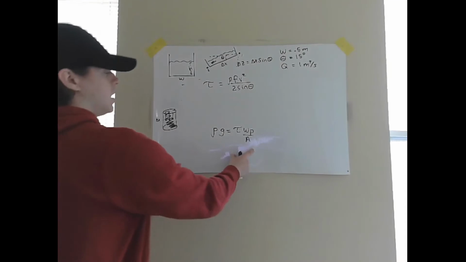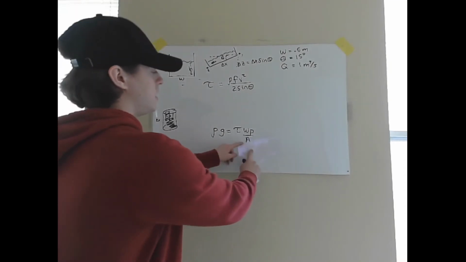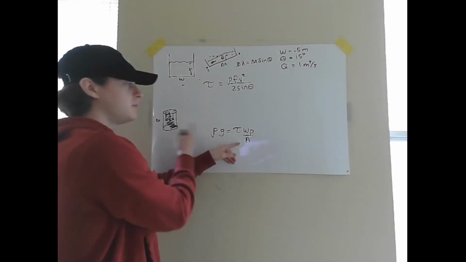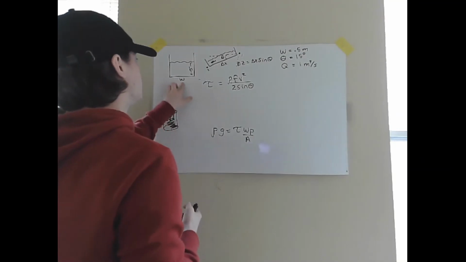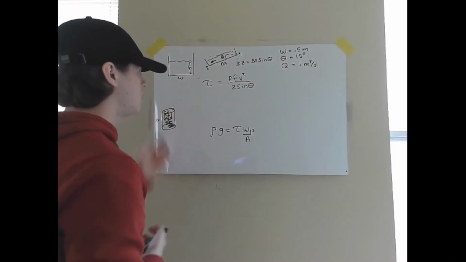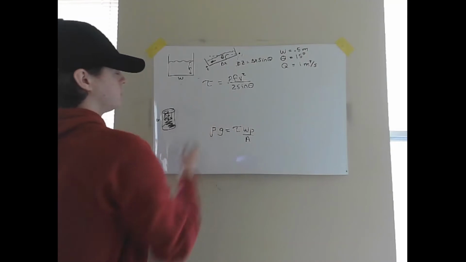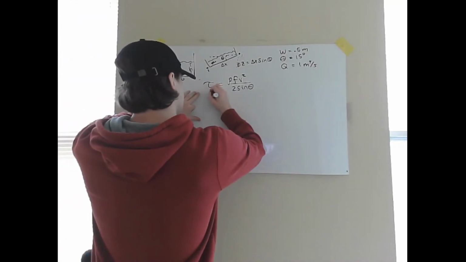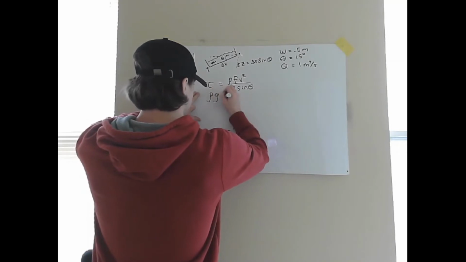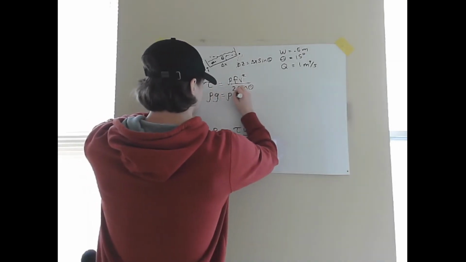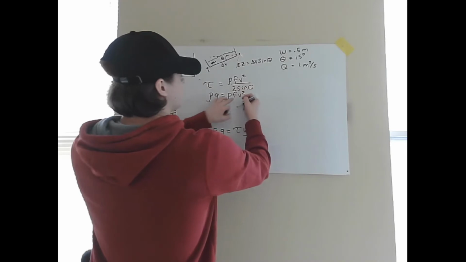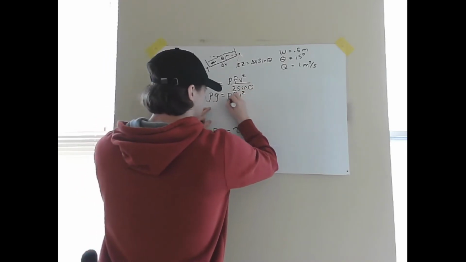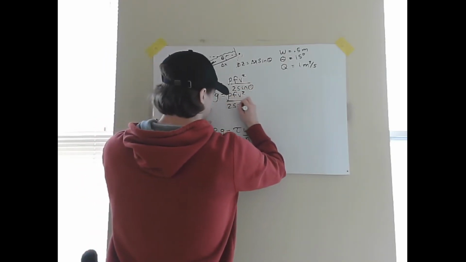And instead of applying the geometry of the cylindrical pipe, I'm going to apply the geometry of the channel. So now that we know tau, we can plug that into our equation as well. So we get rho times g equals rho times f, the Fanning friction factor, times velocity squared over 2 times sine of theta.